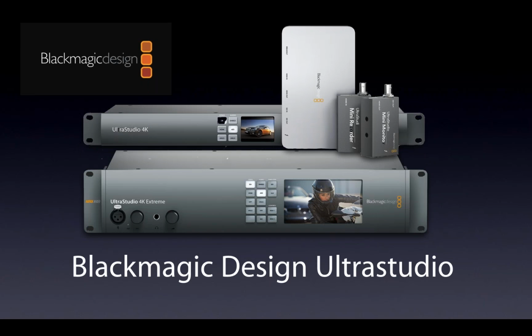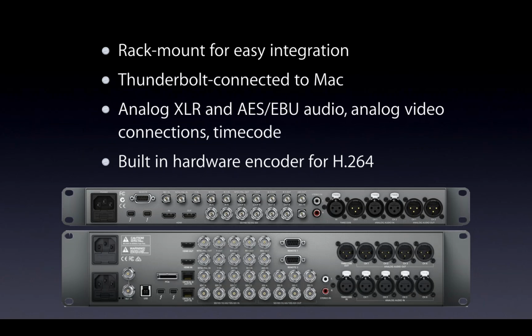Not showing any particular favorites, we just had to give you a sense for what's possible in the marketplace. Blackmagic has a lot of products, but we're going to take a look at that Ultra Studio line that we introduced to you a few minutes ago. These products look very dense, very impressive, and very capable with all the various inputs and outputs for XLR, for component, and so on and so forth. But what's really important is to pay attention to the number of simultaneous inputs.